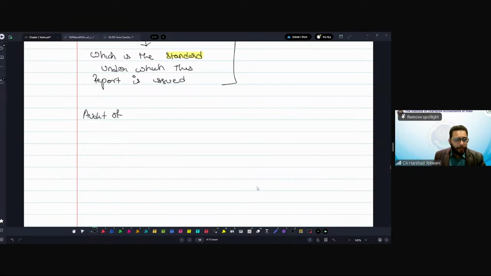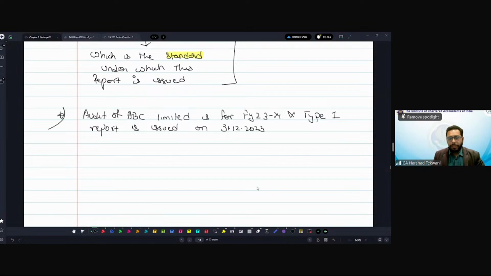The audit of ABC Limited is for FY 23-24, and the type 1 report is issued on 31/12/2023. Now tell me, what is the problem?